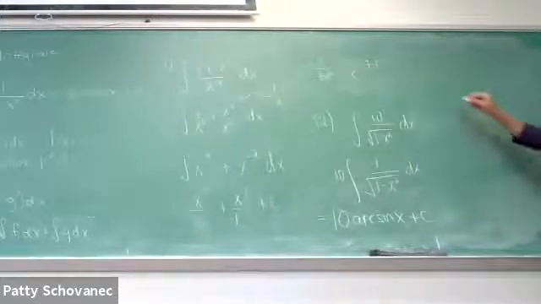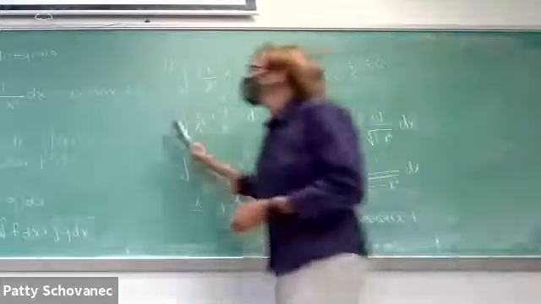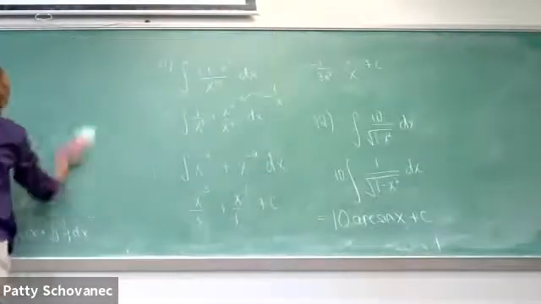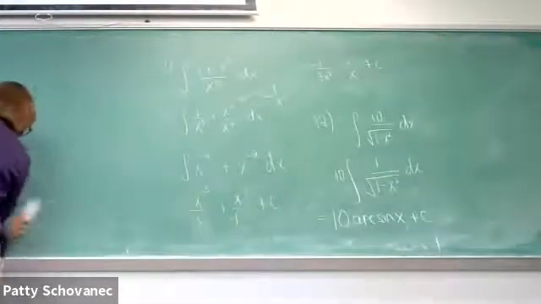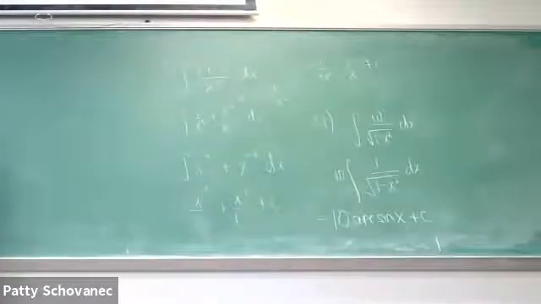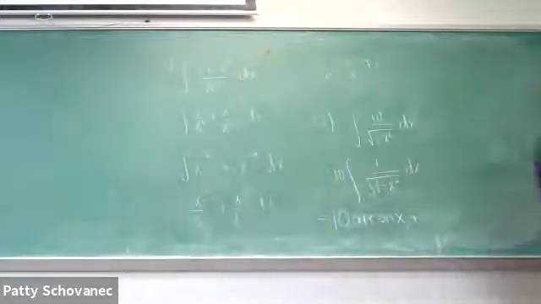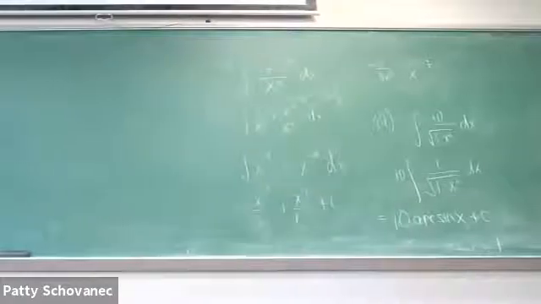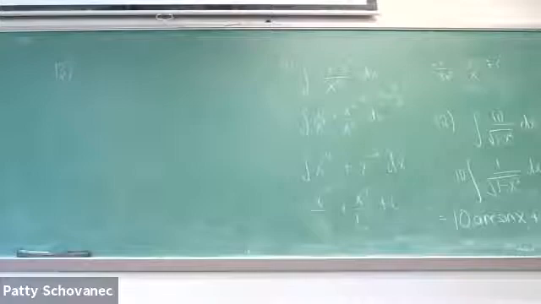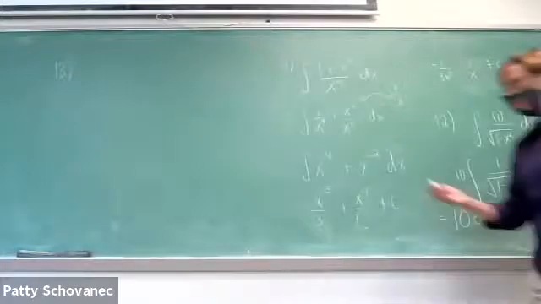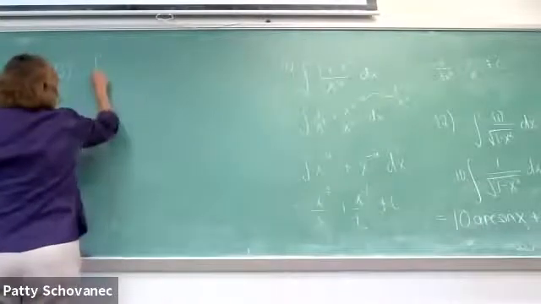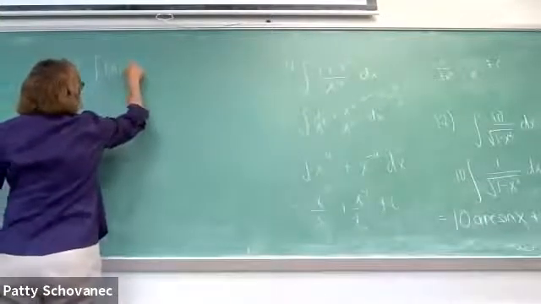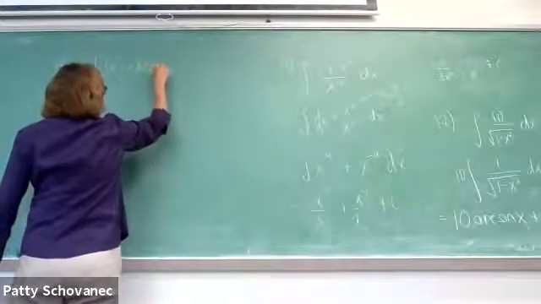And number 13, I think it needs more room. Let me move 13 more to the middle of the board. I have a product of x minus 4 with 2x plus 1.